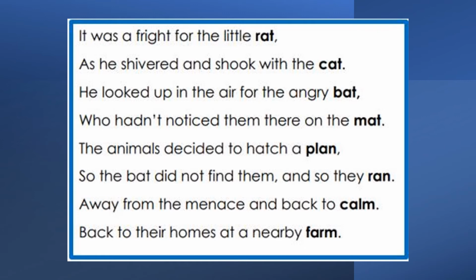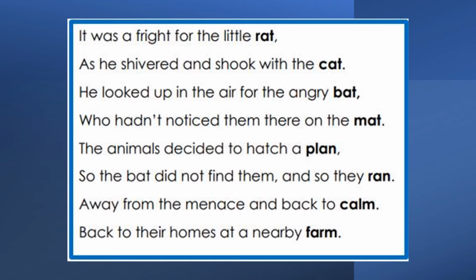It was a fright for the little rat as he shivered and shook with the cat. He looked up in the air for the angry bat, who hadn't noticed them there on the mat. The animals decided to hatch a plan, so the bat did not find them, and so they ran away from the menace and back to the calm, back to their homes at a nearby farm.